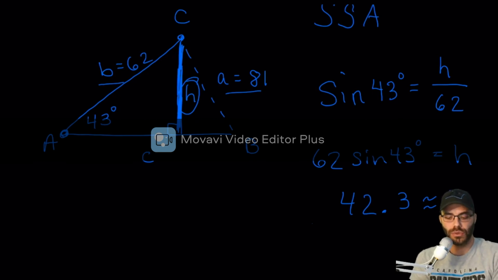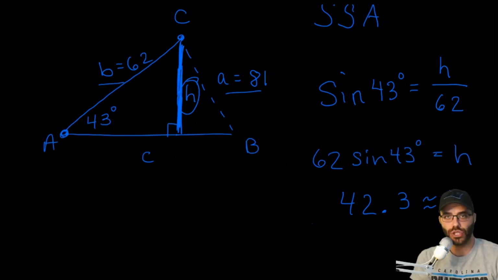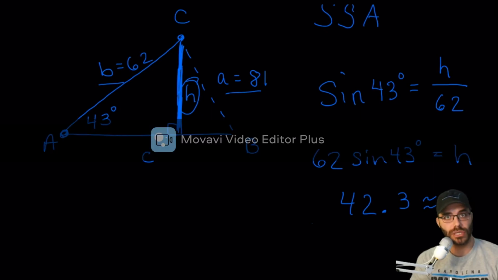So since we do have an A value that is larger than the height, our A is 81, our height we found was about 42.3. That tells us we definitely have at least 1 triangle. Now the question is, do we have 1 or possibly 2 triangles?